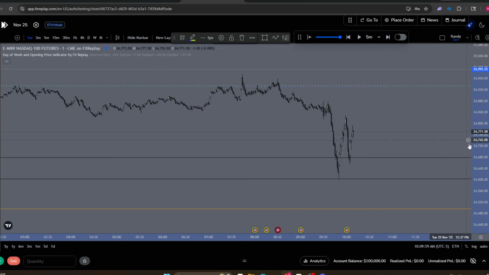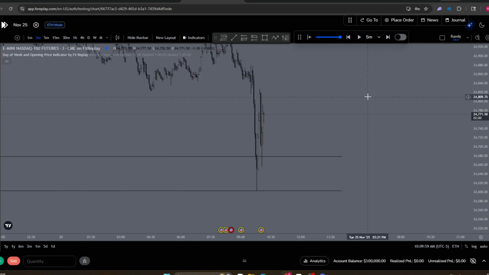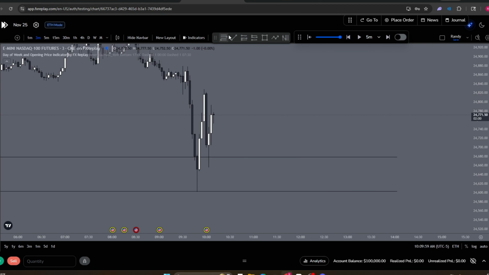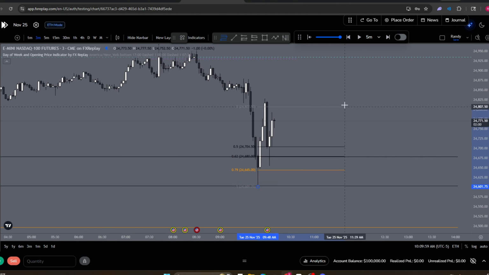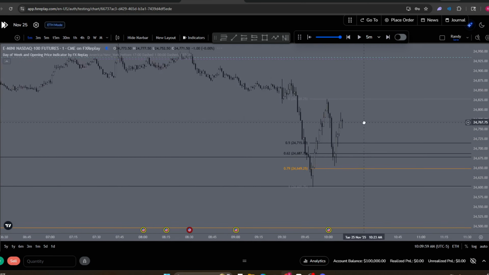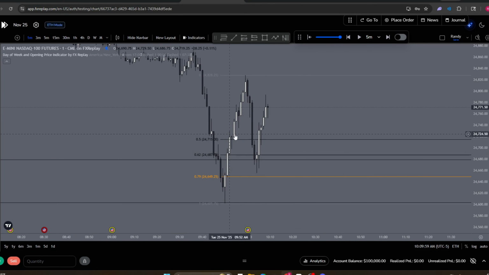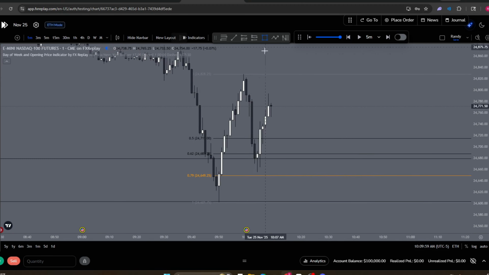But possible entries were possibly this 3-minute inverse, or you can get the range of this and enter off like anything below 0.5 or even 0.62. In this case, it lines up with the 1 minute and this inverse right here.